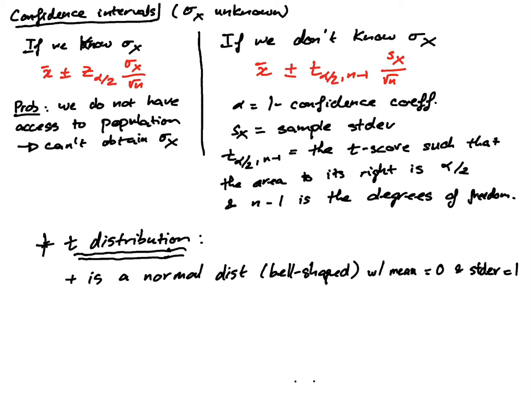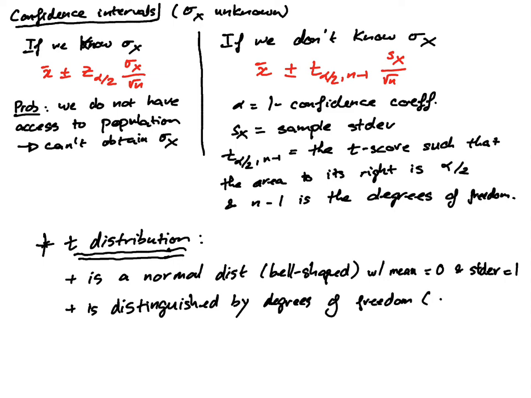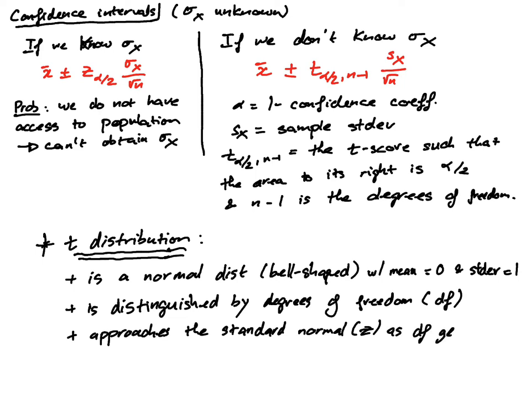The t distribution is distinguished by the degrees of freedom, and the t distribution approaches the standard normal as the degrees of freedom gets large.